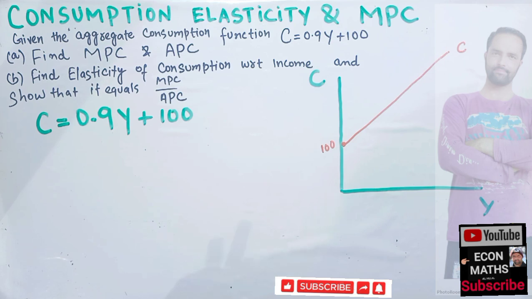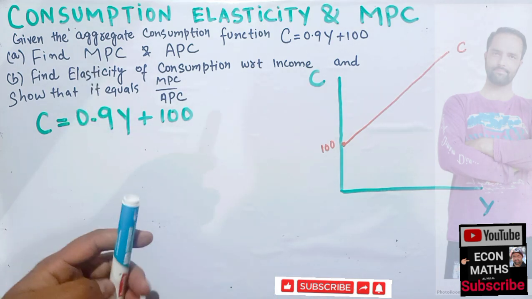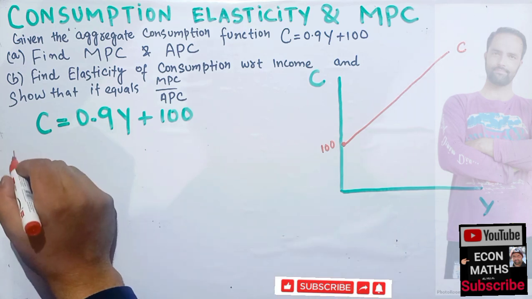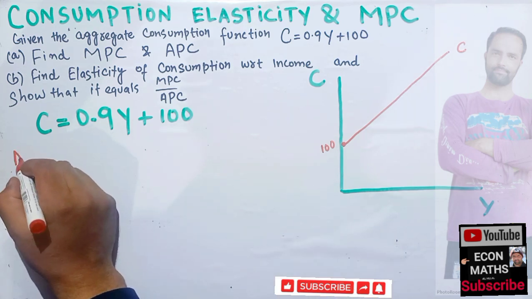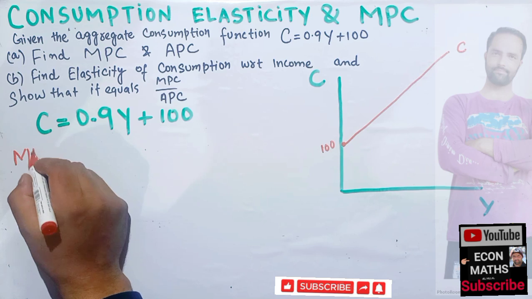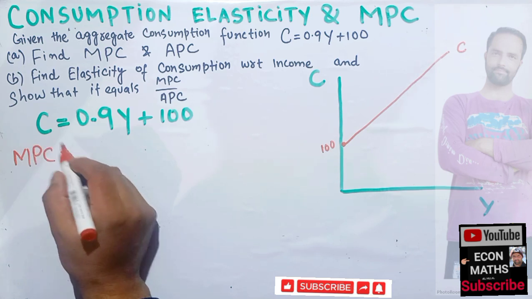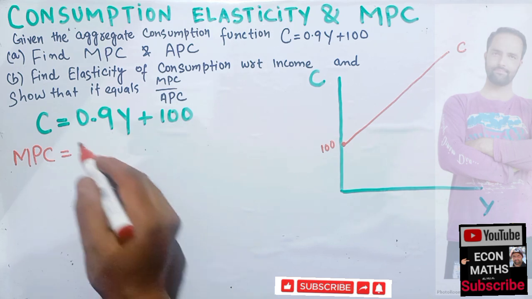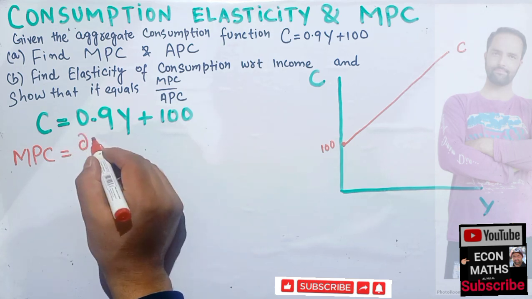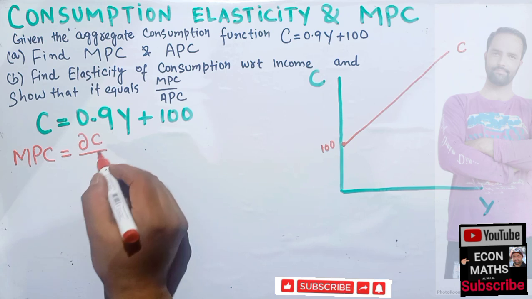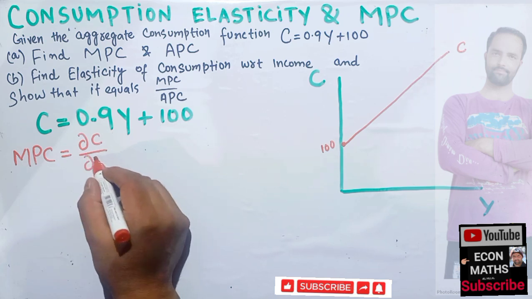Now what is MPC? We need to calculate the MPC, marginal propensity to consume. As we calculate marginal revenue or marginal cost, the same rule applies here. Marginal propensity to consume is nothing but the change in consumption with respect to change in income.